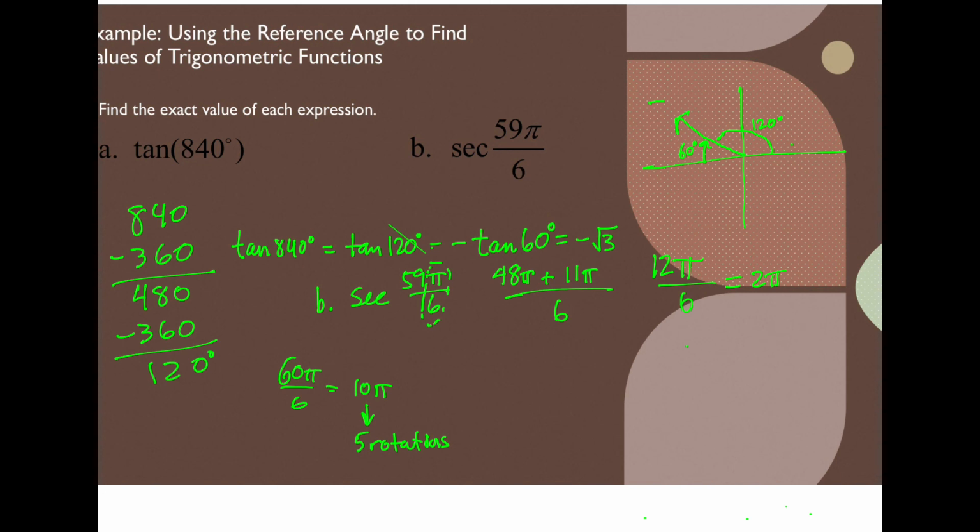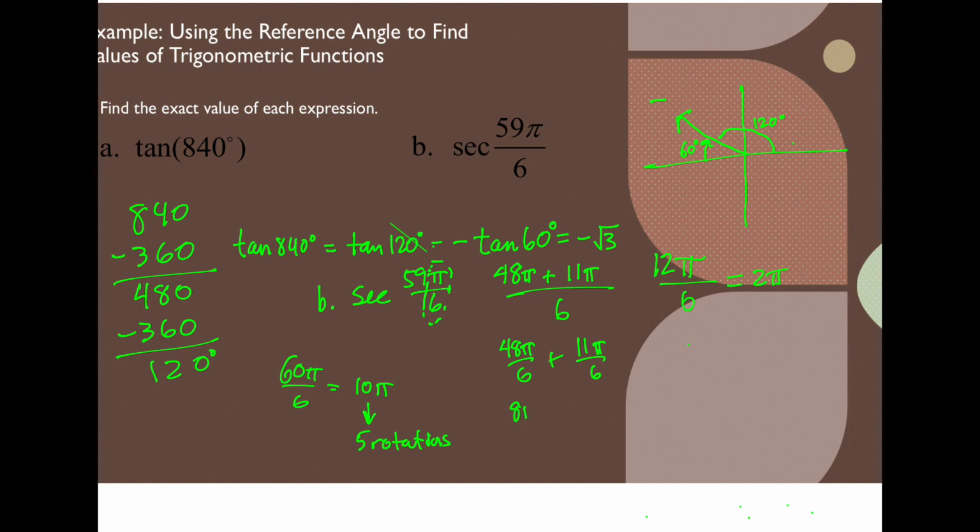So really breaking this up, this is 48 pi over 6 plus 11 pi over 6. 6 goes into 48 8 times, so 8 pi, which is 4 rotations, because remember, 2 pi is 1, so if we divide 8 pi by 2, then we get 4.